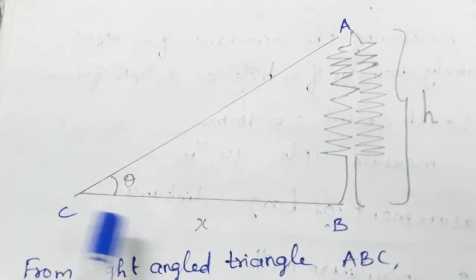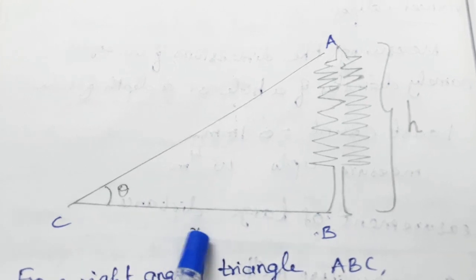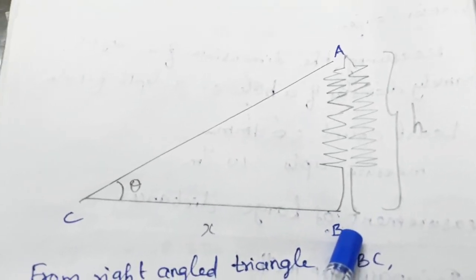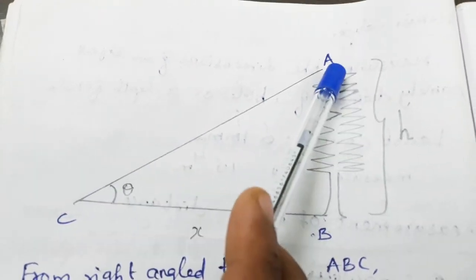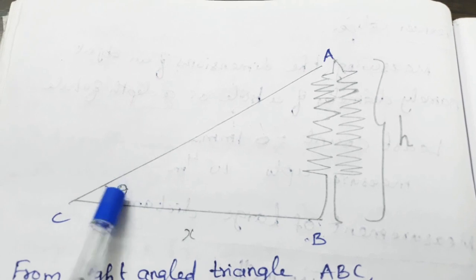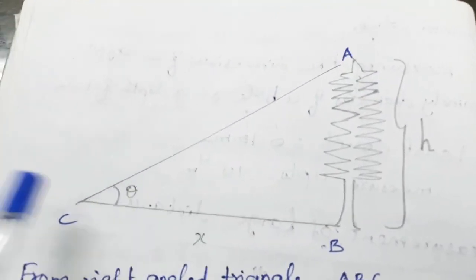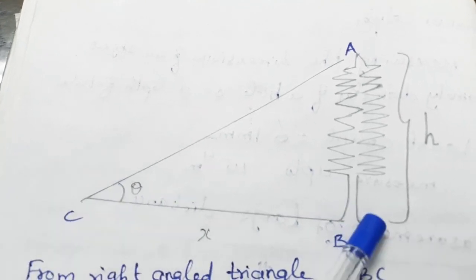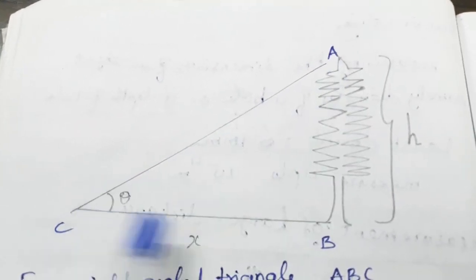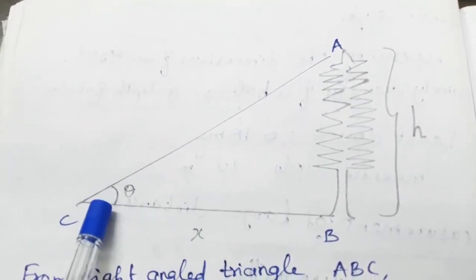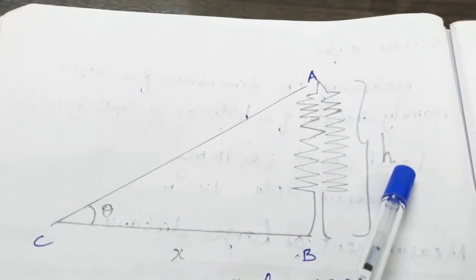C is at a distance x from B. From the ground, the top of the tree is elevated at an angle of theta, so angle ACB equal to theta, called the angle of elevation. So AB equal to H, BC equal to X, and angle ACB equal to theta. Our aim is to calculate the height of this tree, H.